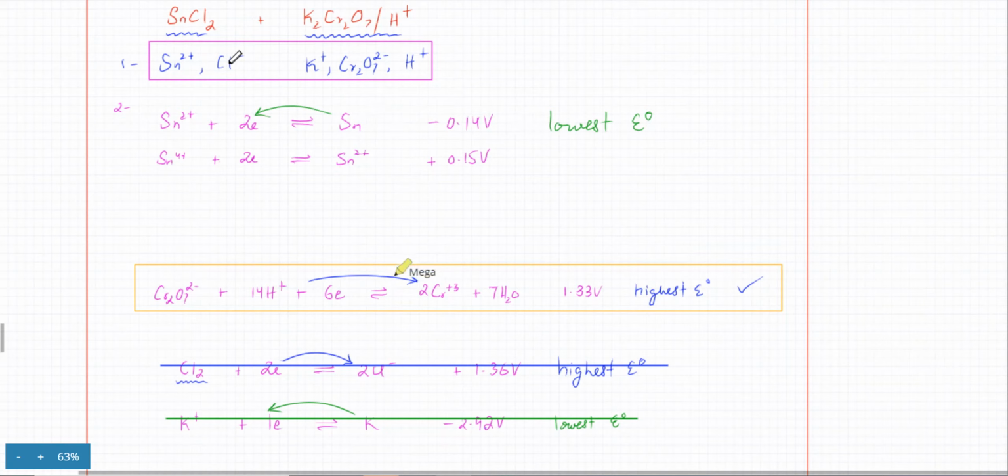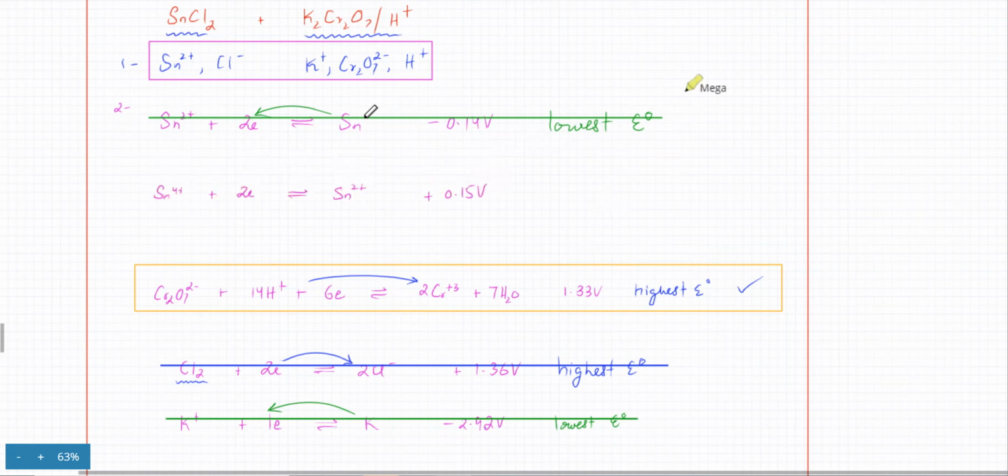I don't have tin. I have Sn2 plus, but I don't have tin. So again, I'm going to get rid of this. I'm going to reject this equation because it won't be able to lose electrons. So the remaining lowest potential equation is this last one.